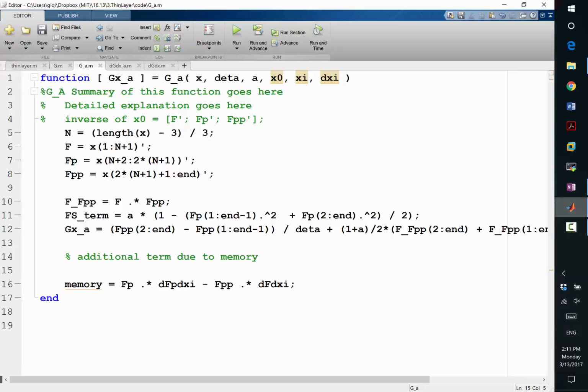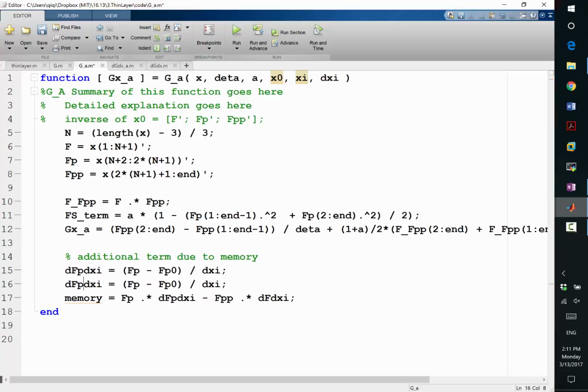And let's start calculating what these are. dfp dc is equal to fp minus fp0 divided by dc, right? And df dc is equal to f minus f0 divided by dc. Now we need f0 and fp0.